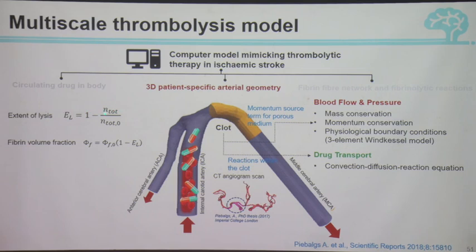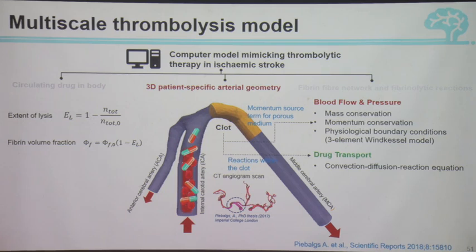So this is the current number of binding sites, and this is the initial binding sites. Now, if all the clot is dissolved, then there is no binding site left. So this n will become 0, and the extent of lysis will be 1.